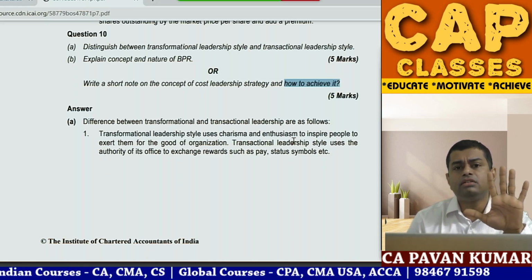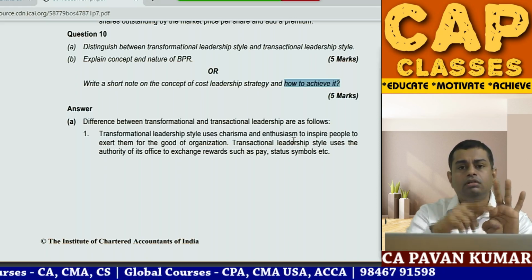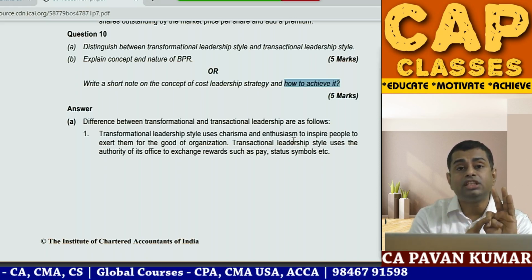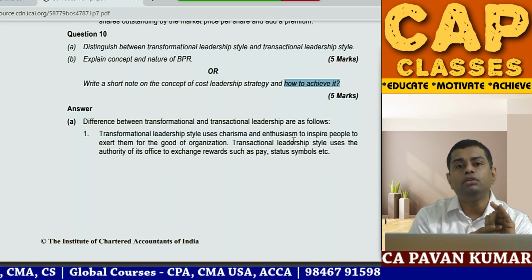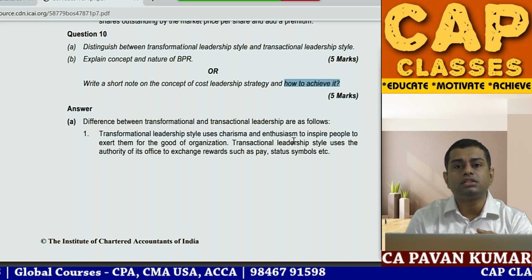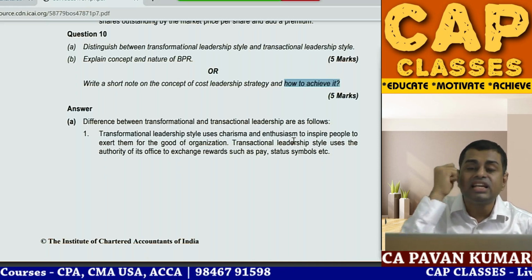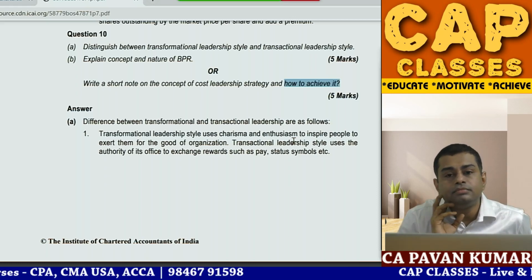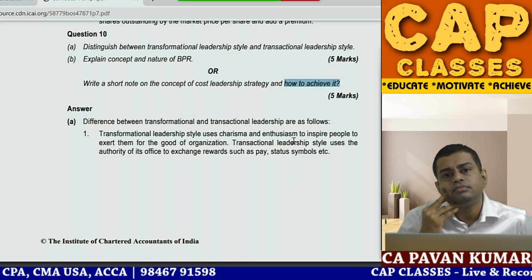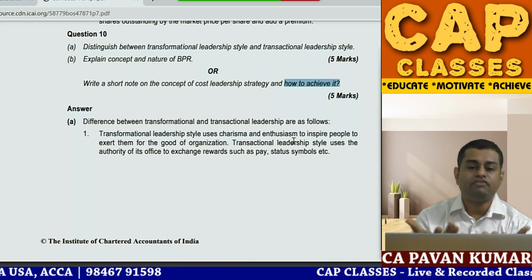Write 5 points: implement a strict budgetary control system, limited staff perquisites, increase the span of control so more subordinates for every manager, standardize the products, and try to enjoy large scale economy, increase the production, reduce the fixed cost. You understand? That's all. For 5 marks, what else do you want?